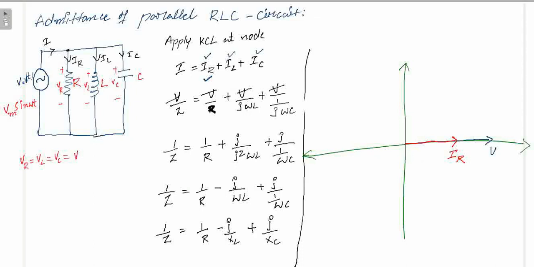So this is your phasor for the current flowing through the inductor, that is your IL. And what about your IC? IL is over. IC, that is the current flowing through the capacitor, always leads the voltage by 90 degrees.